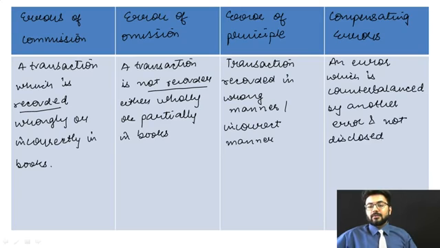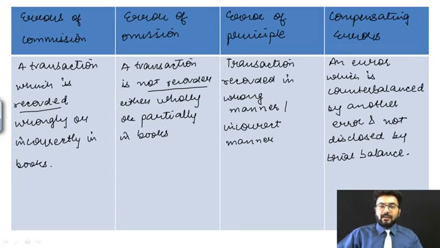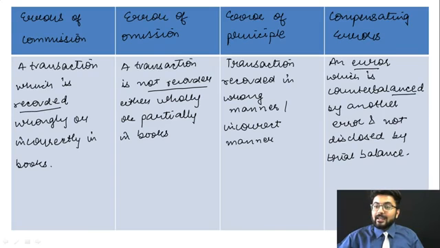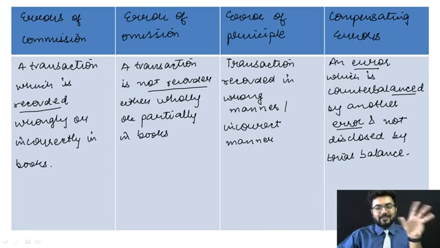Not disclosed by trial balance. You have made an error and that error has been balanced by another error, and so there is no such effect at the trial balance.